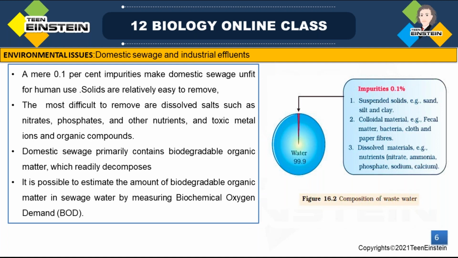Okay. So the domestic sewage mainly contains biodegradable organic matter, and this can be easily decomposed. How can we decompose this? With the help of microorganisms and bacteria. While growing, these microorganisms or bacteria will use this biodegradable organic matter as a substrate, and they will utilize that energy for their growth or multiplication.